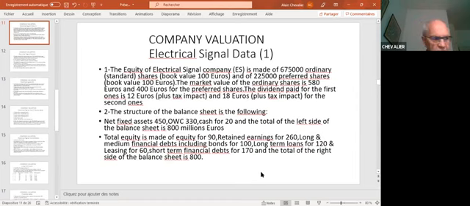Okay. So I think it's time now to start again for the second part of this session number 3. And we will deal, as I said before the break, with this case, starting at slide 11, which is the electrical signal company.